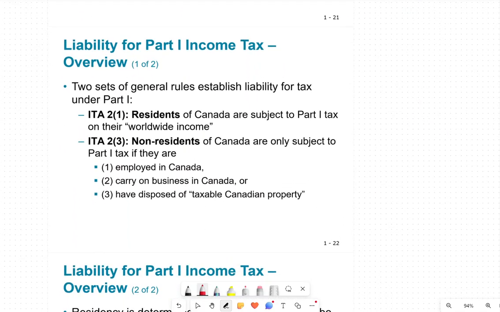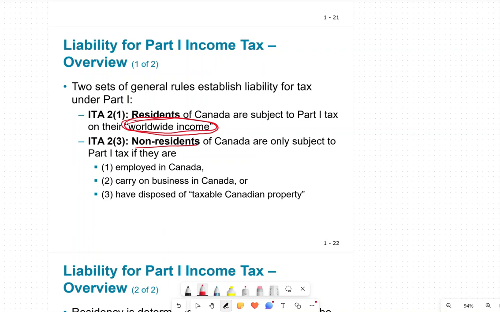Now, when we talk about Part 1 tax, who pays taxes? Residents and non-residents. A resident pays taxes on worldwide income. If you're a resident of Canada and you earn income somewhere else, you have to report that income in your taxes. You're paying taxes on your worldwide income.